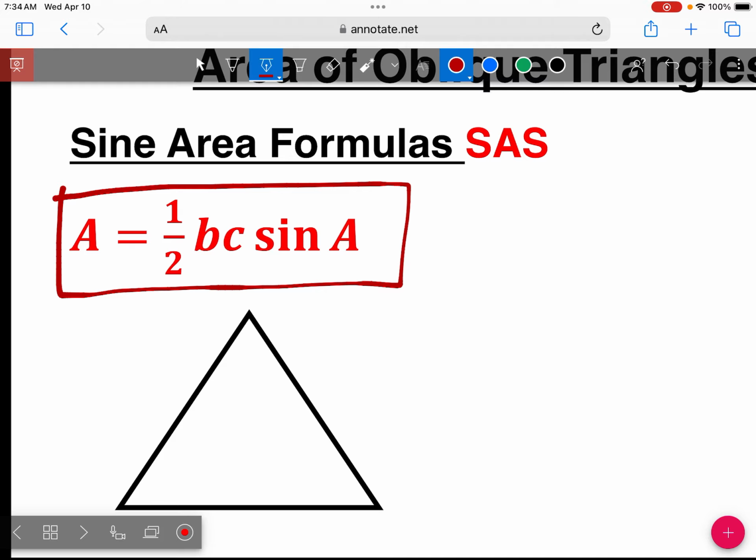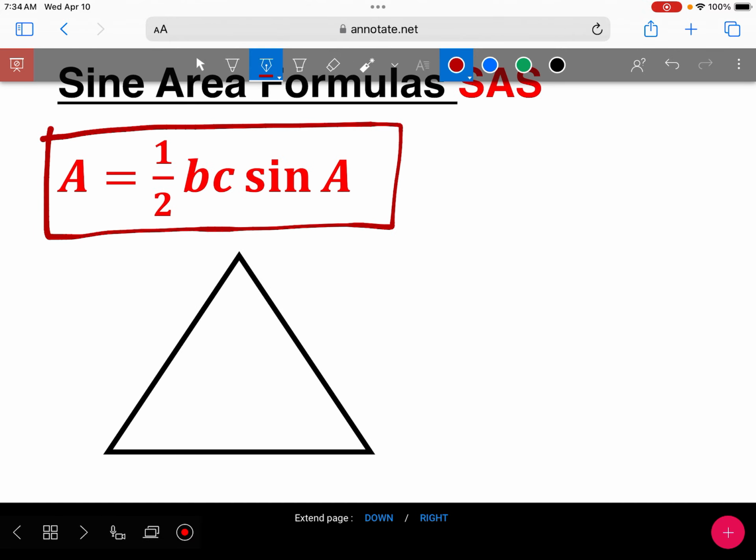For example, if this was my triangle ABC, I would have to know this angle measure, and I would also need to know little b and little c.